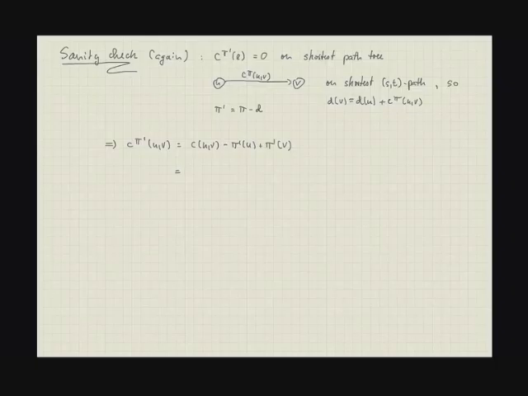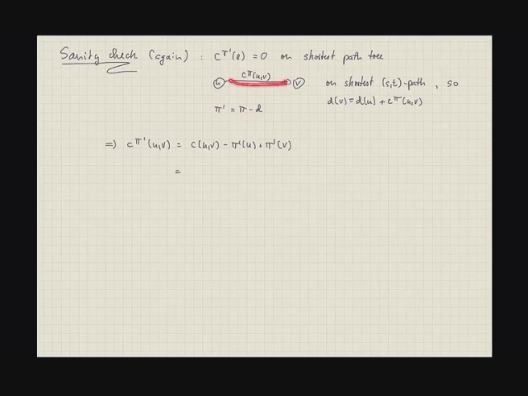Okay, so let's see. The new reduced cost should be 0 along the shortest path tree. Now this here is an edge on the shortest path tree that was computed using the old reduced cost c_pi, right? So how did we define the new node potentials? That was the old node potentials minus the distances.